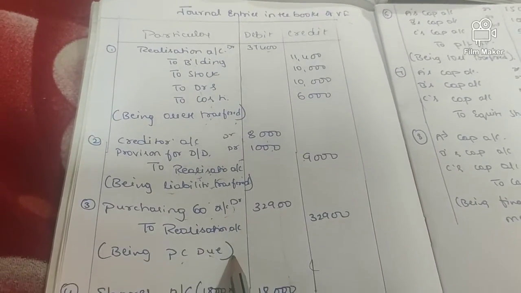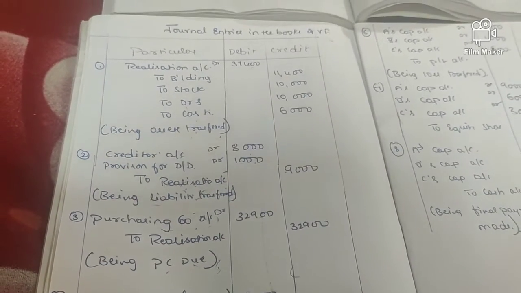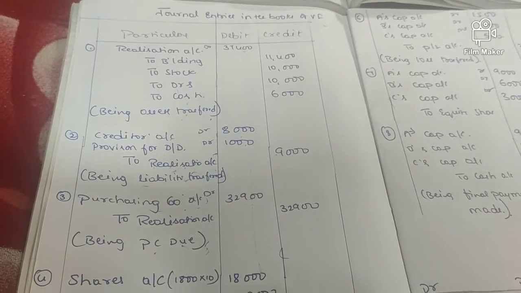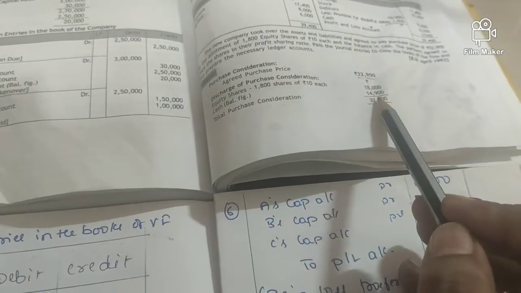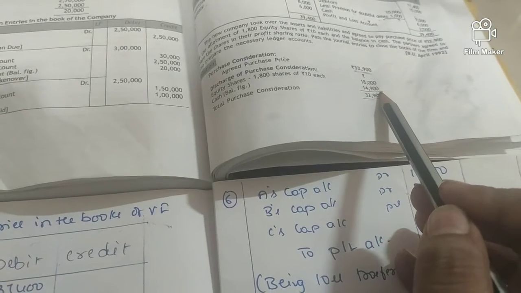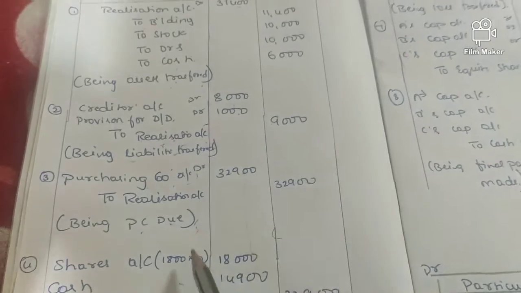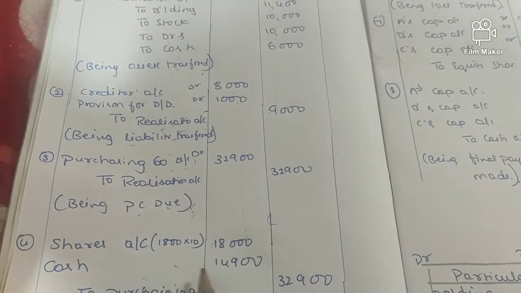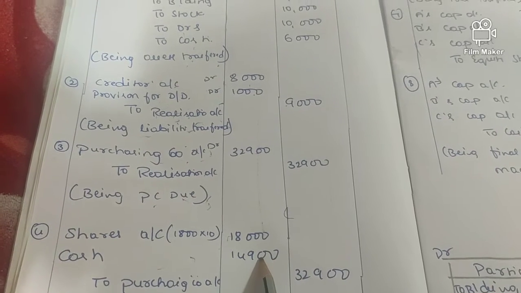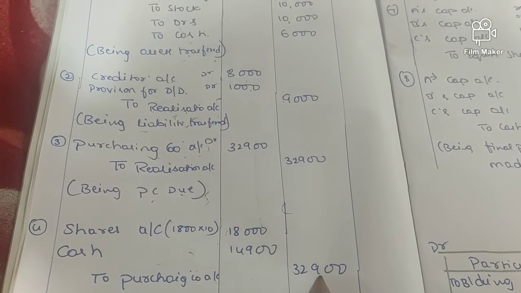After the purchase consideration, we will discharge it. How have we discharged it? In the PC problem, we have learned how it is discharged, right? In the form of shares, we have discharged 18,000. In the form of cash, we have discharged 14,900. So the entry will be shares account 18,000 and cash 14,900 debit to purchasing company account 32,900.